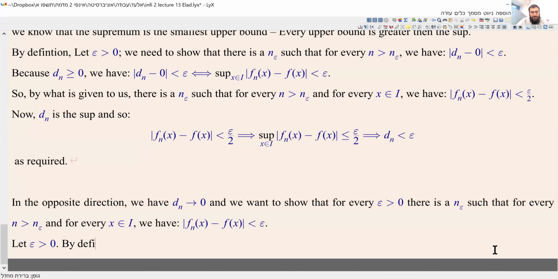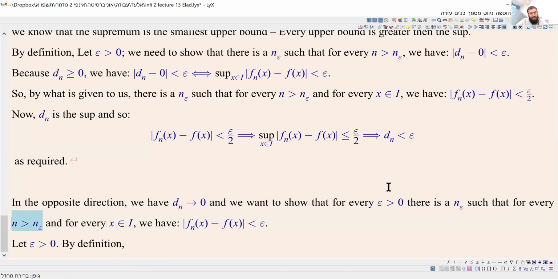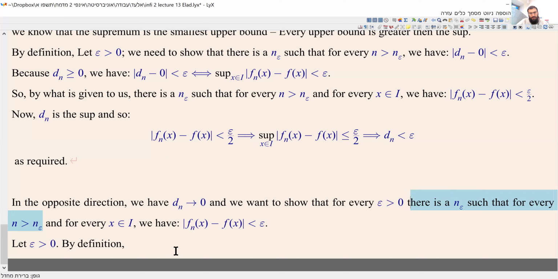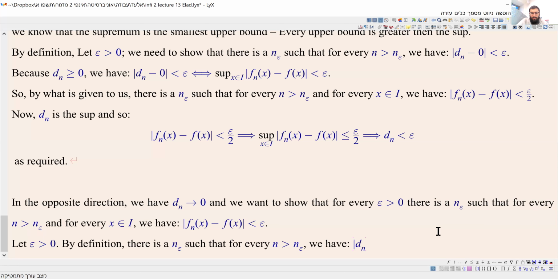By definition of limit, there is an n epsilon such that for every n that is greater than n epsilon, we have dn minus 0 smaller than epsilon.